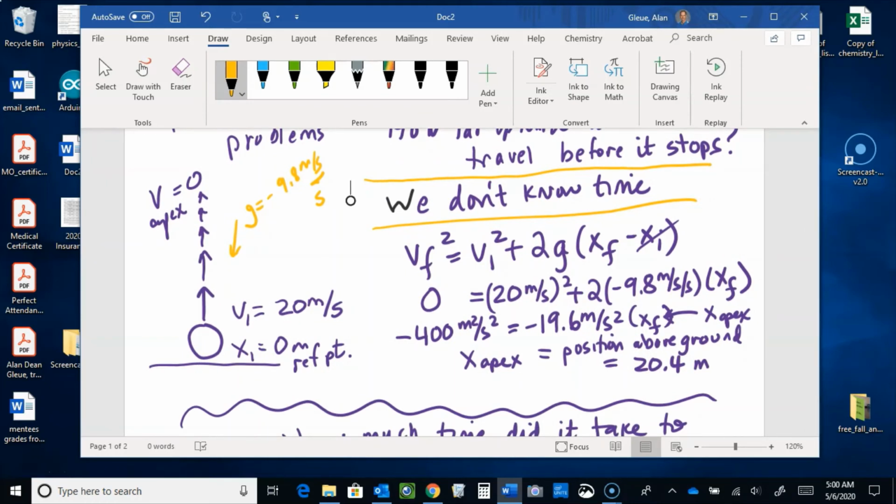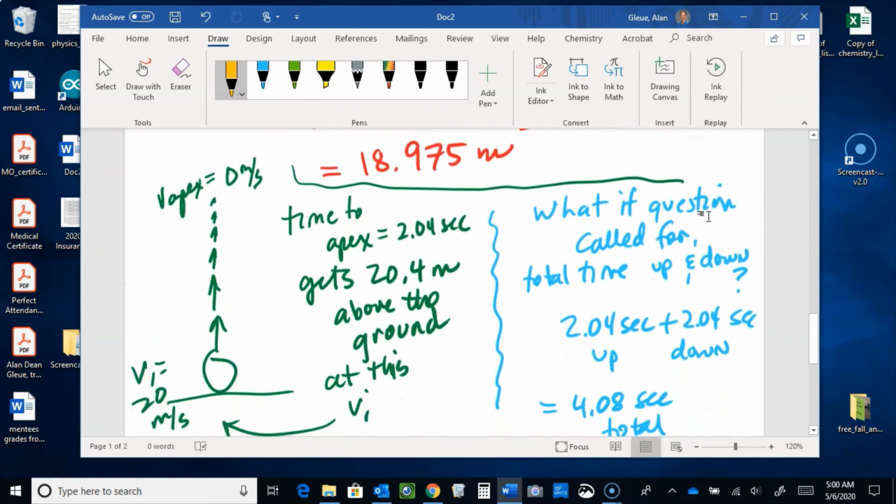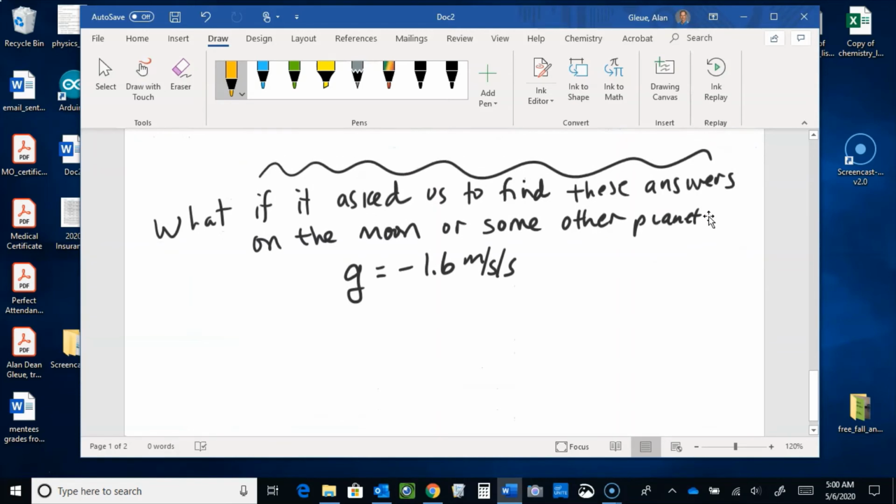So if I'm dealing with the moon, I would put in negative 1.6 for this, but everything else would be the same. So depending on what planet or what object they're asking you to work the problem on, you just use that g, and typically you'll have to be given that.